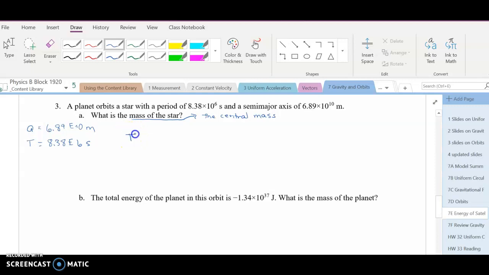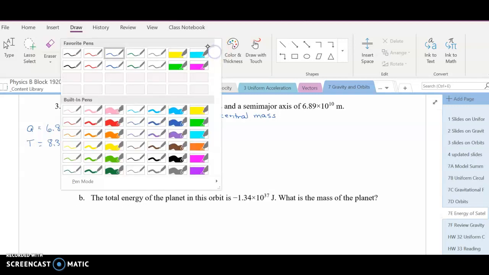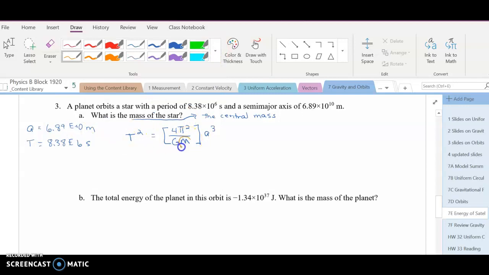puts me in mind of Kepler's third law, which says that the square of the period is proportional to the cube of the semi-major axis. And so I'm going to want to solve for the large mass.